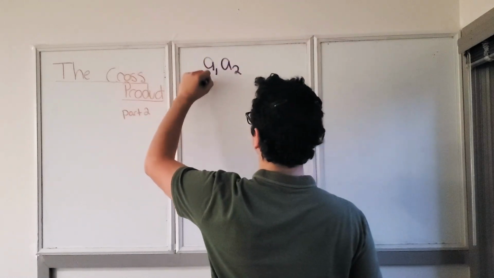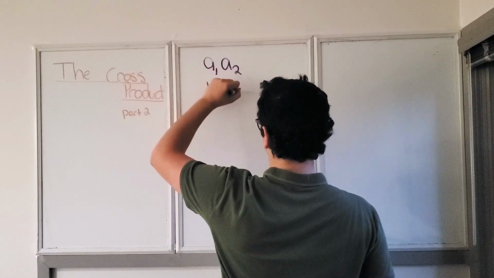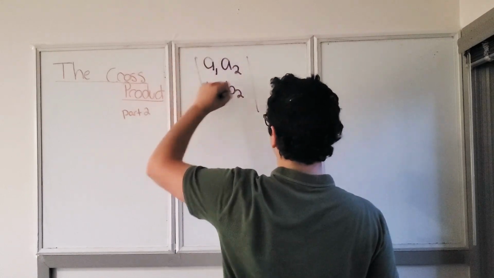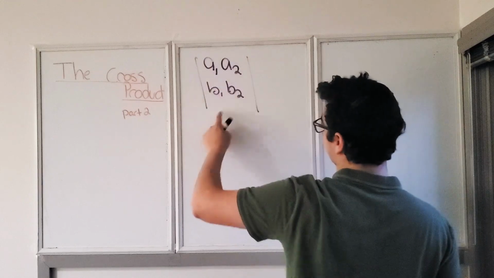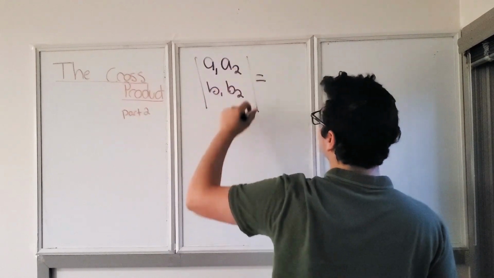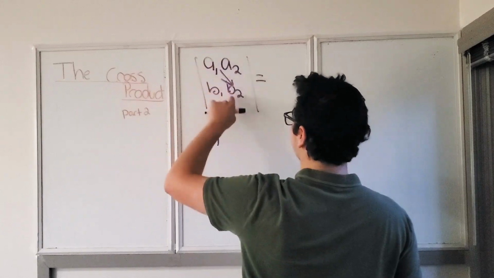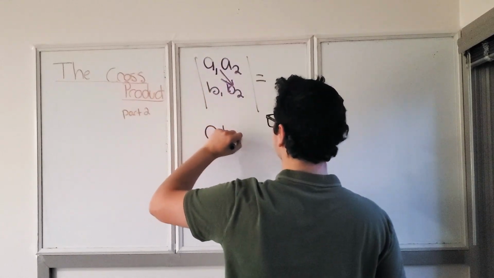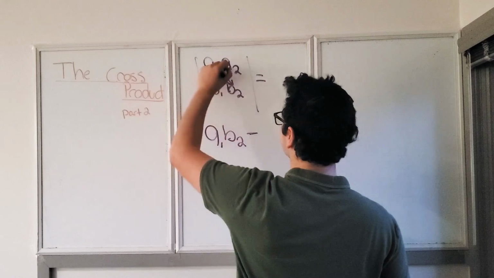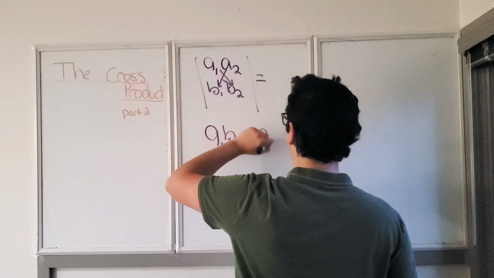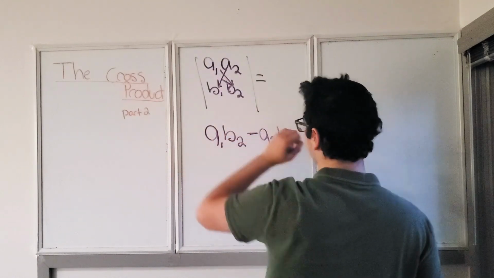A1, A2, and B1, B2, which is denoted as that, meaning the determinant of something, my solution will be A1 times B2 minus A2 times B1.